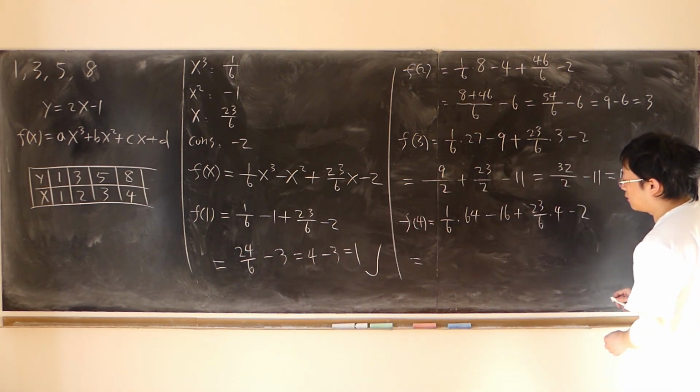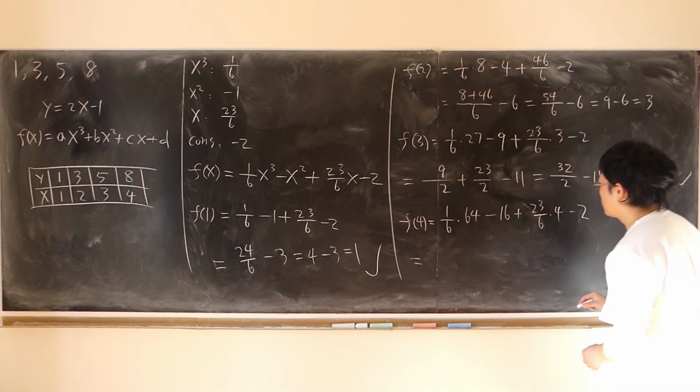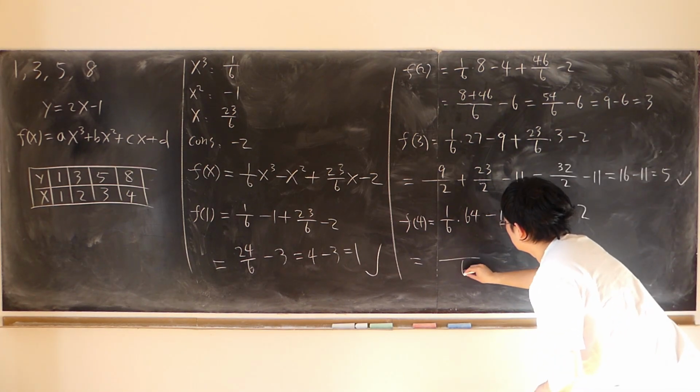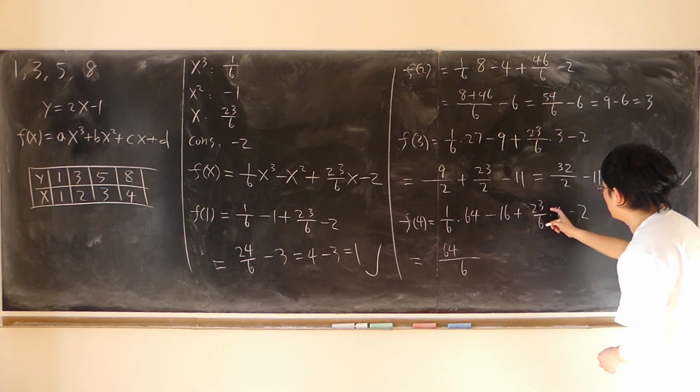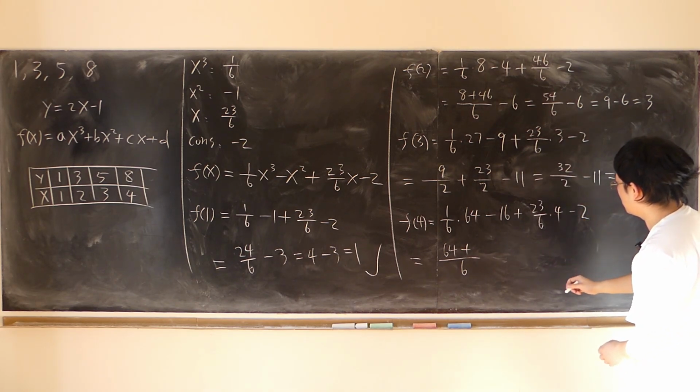Okay, what is that? 64 plus 4 times 23, 92, I believe.